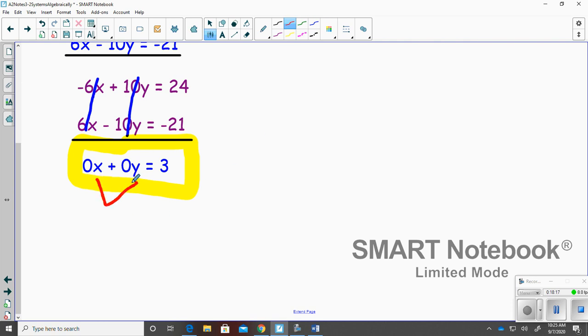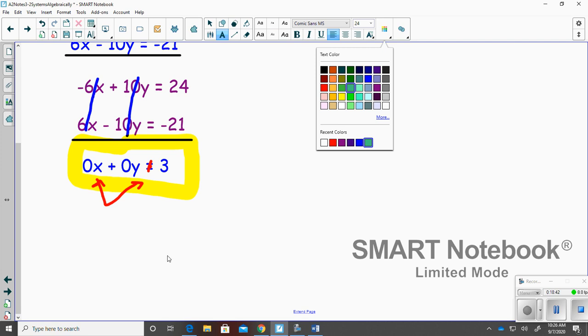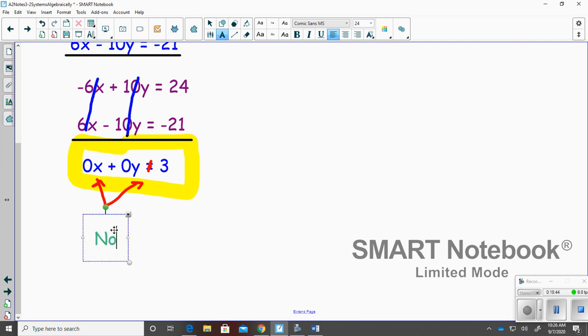You can pick any x you want and any y you want, and you can substitute it in. 0 times anything plus 0 times another number that you pick is never going to equal 3, ever. No matter what value you pick for x and y, and I multiply it by 0, it's not going to be 3, meaning that this problem does not have an answer. It is a no solution question.